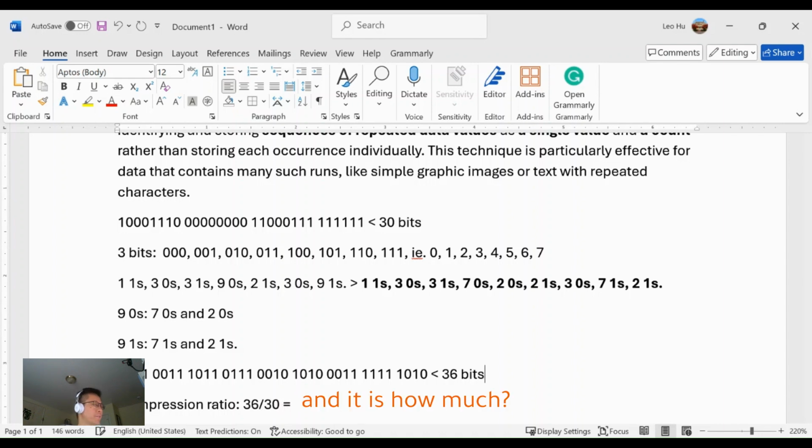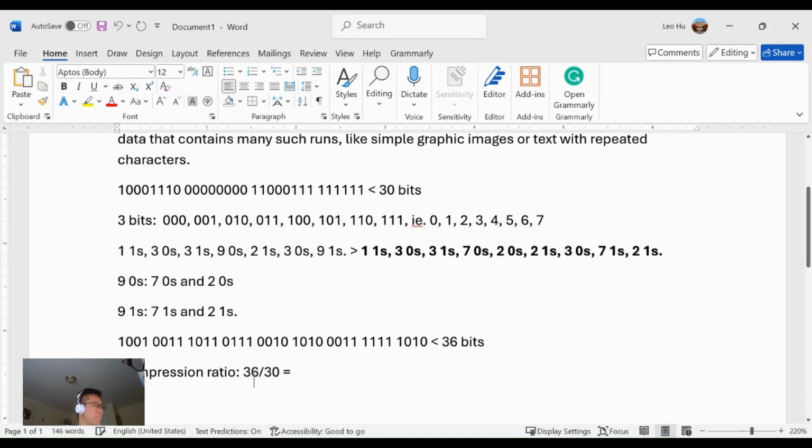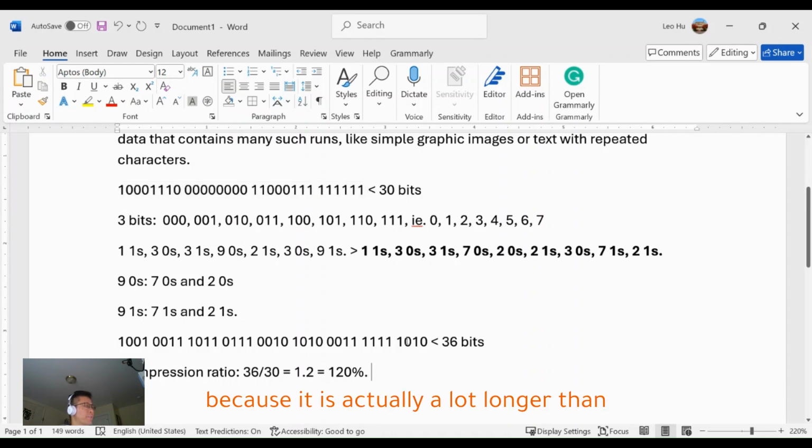And it is how much? 1.2, or 120%, right? So that means RLE is not good for compressing the given data because it is actually longer than the given data.